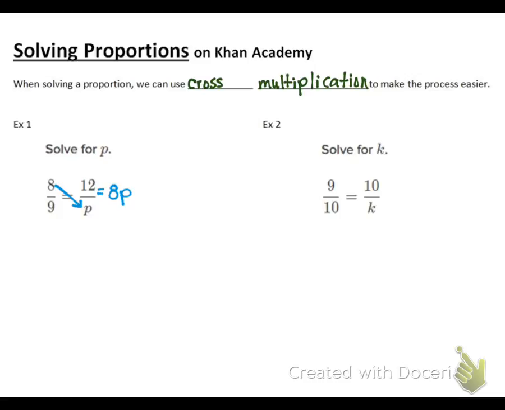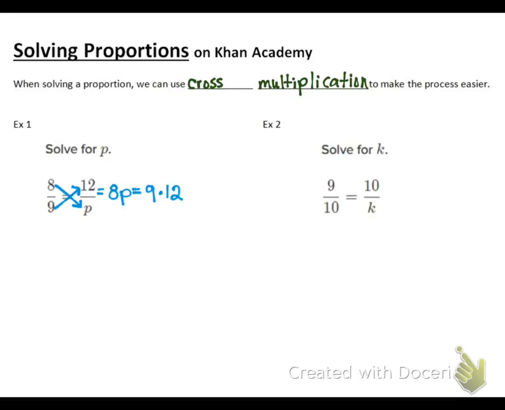Then I have to cross multiply my other numbers. I'm going to go to my bottom fraction, 9, and cross up to the 12. So the second part of my problem is 9 times 12. Here I have an equation: 8p equals 9 times 12.